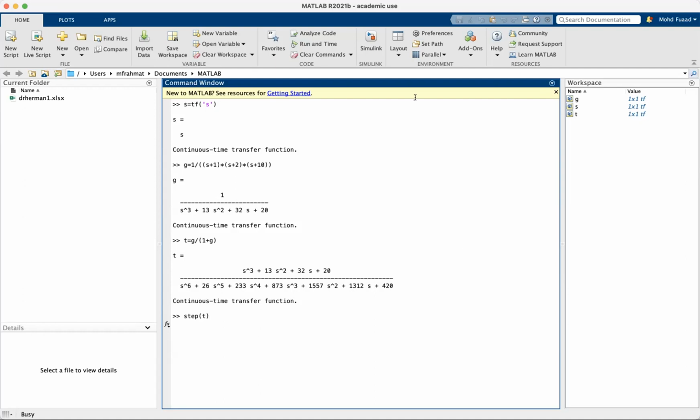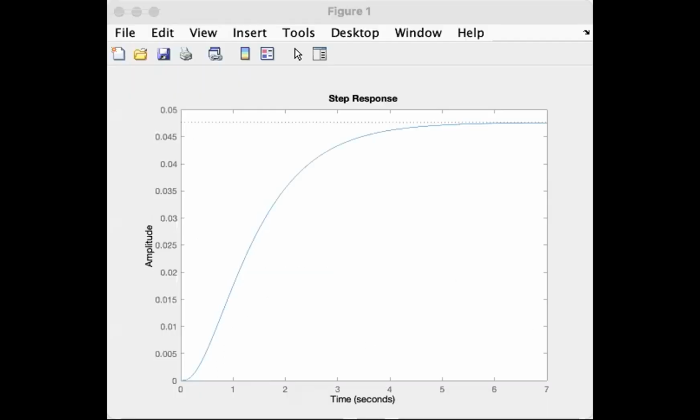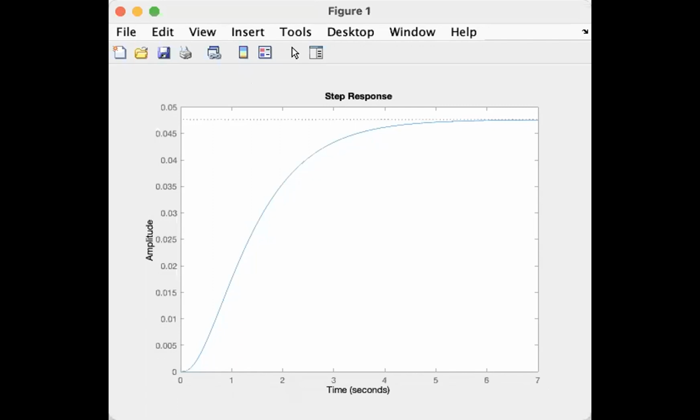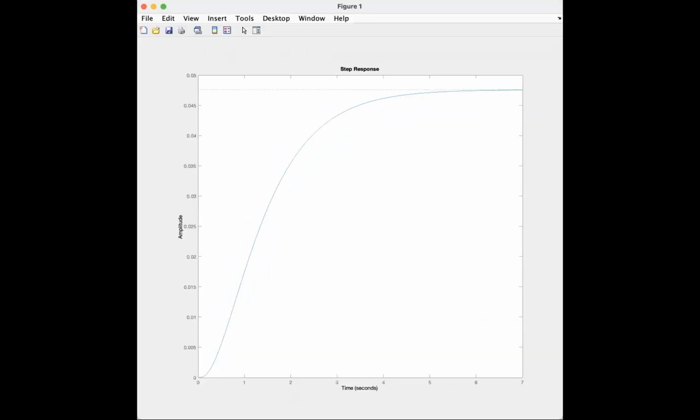So we observe the response. Here is the response. Can you see the response, guys? Yes. The closed loop time response before the PI controller.